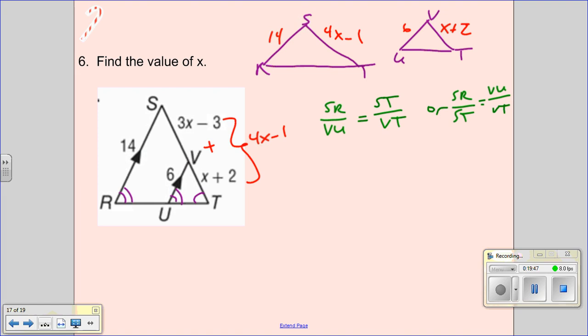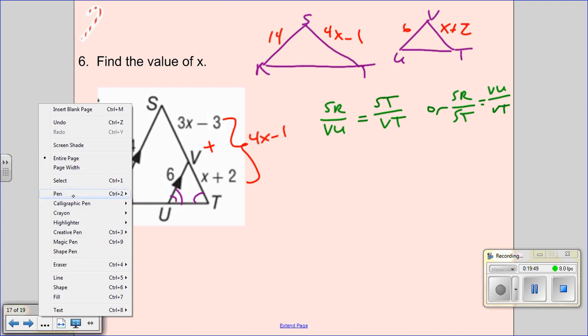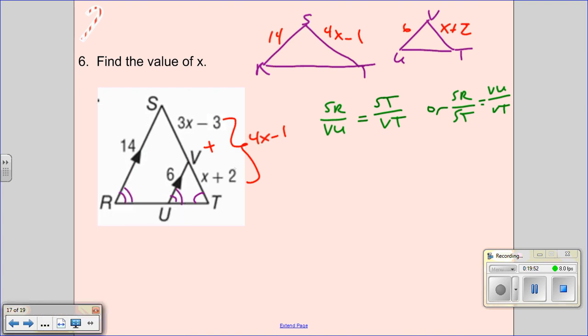So now that we know that information, we can fill in with the correct values for each piece. SR being 14, VU being 6, ST is 4x minus 1, and VT is x plus 2. Or you could do the second one, but either one is fine. So now you can find the value of x.